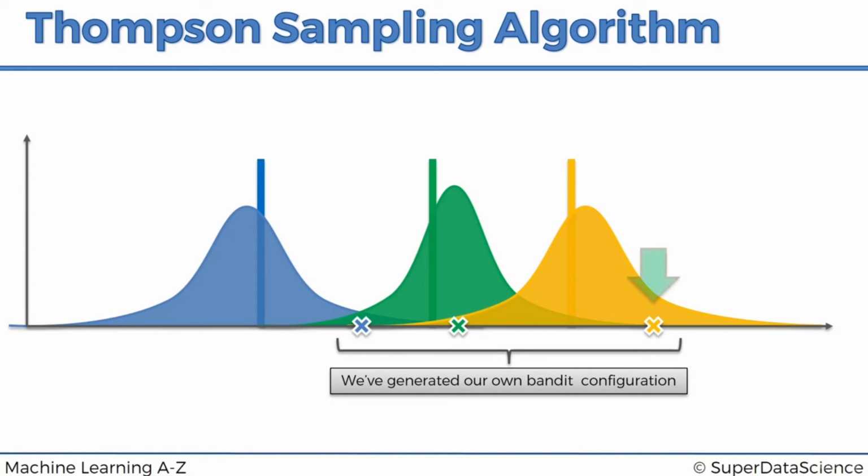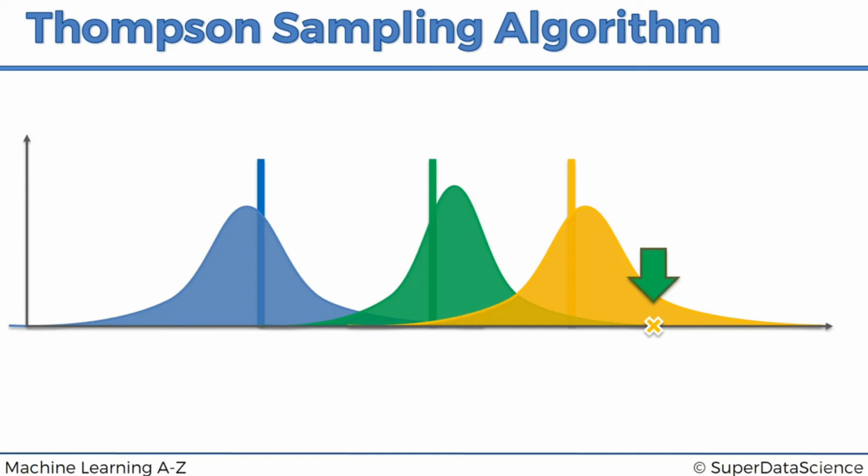Out of these three, we have to pick the best bandit, which is of course the yellow bandit. And we're going to now actually pull, in the real world, the lever of the yellow bandit, or the algorithm is going to do that. That's going to trigger the distribution behind the yellow bandit, and that will give us some sort of value.